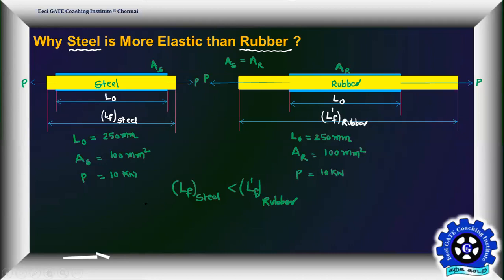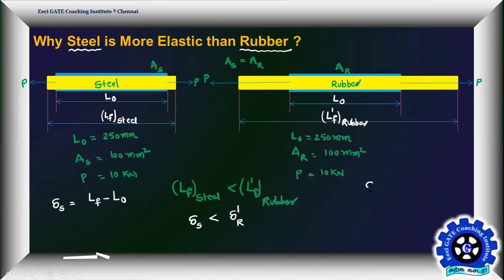Yes, sir. So here delta steel will be less than delta rubber. Delta steel is nothing but L final minus L naught.